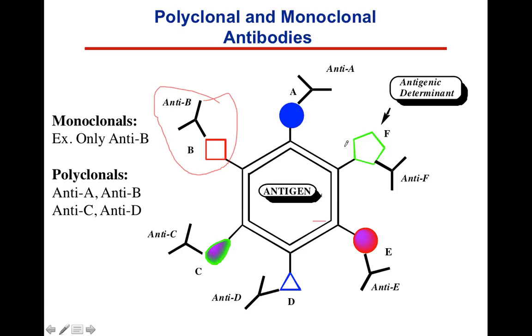In order to make monoclonal antibodies, you have to use biotechnology, a technology called hybridoma technology, to produce what is called a monoclonal antibody that would be used potentially therapeutically, or maybe diagnostically.